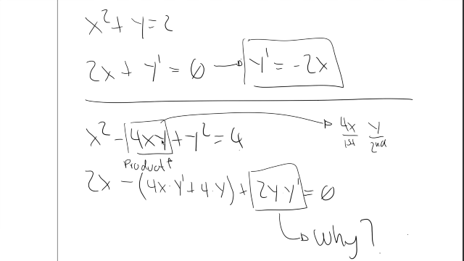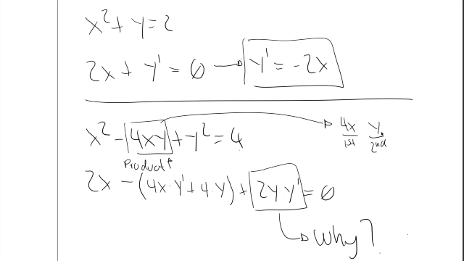Okay. Now we get 4xy. The interesting part with 4xy is that we're going to treat 4xy as if it was the product rule. The product rule meaning that the first one is going to be 4x and the second one is going to be the y.